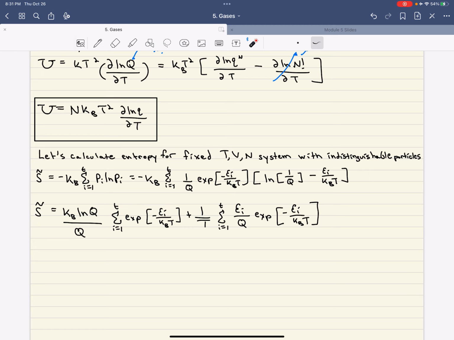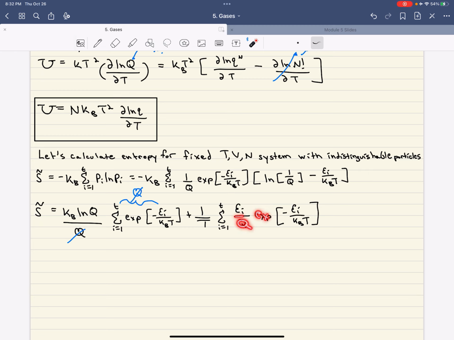We know by definition that this is just equal, I'll write it up here. We have the summation of the Boltzmann terms, and so we know by definition that this is just going to be our Q. Okay? All right, so if we have Q there and Q here, then this Q is going to cancel.